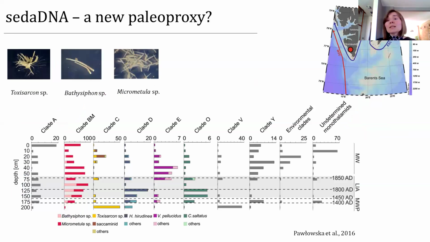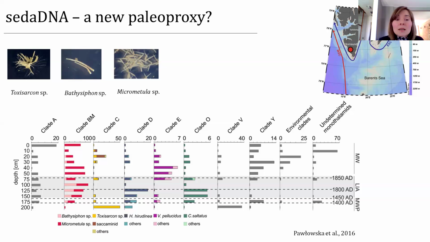So another question is, can we relate this DNA record to environmental conditions and to changes in the oceanography and environment in the area in the past? Here's an example of a study of the foraminifera record, only monothalamous foraminifera, from one of the Svalbard fjords that spans the last millennium, the last 1,000 years.